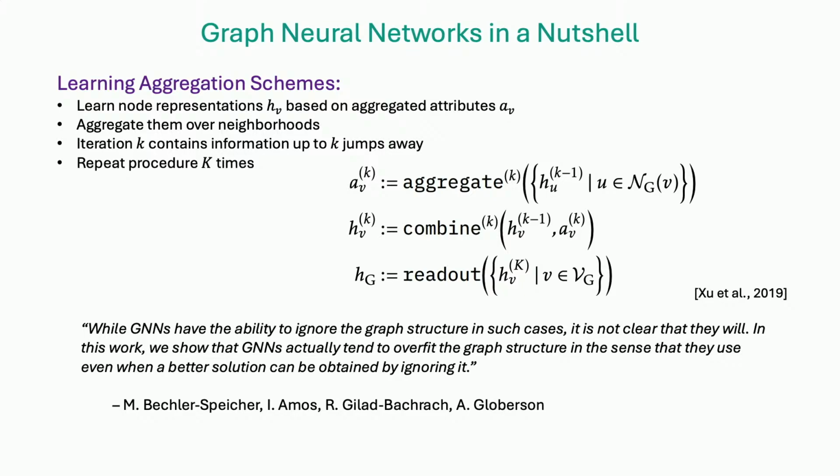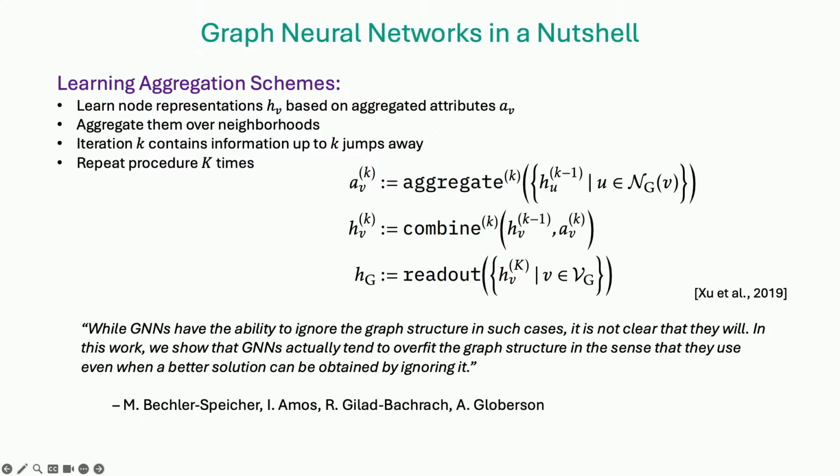Message passing is a way for nodes to share and update information by talking to their neighbors, in rounds. Each node computes a message based on its own state and then its neighbor states, and then you share information by aggregating messages. The node collects all of the incoming information from its neighbors and aggregates it somehow, for example by summing, averaging, or taking the max, and then you update its state.